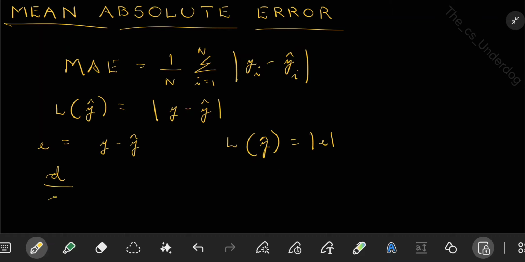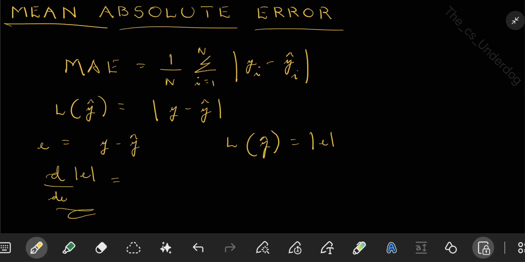That is d by dE of the loss, so of mod E. I am differentiating with respect to E only. I am not differentiating with respect to y or y cap here. There is a reason I am doing this. In the next step, you will understand why. For now, just go with the flow.